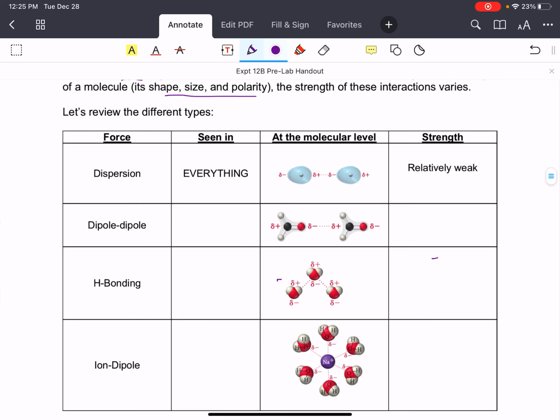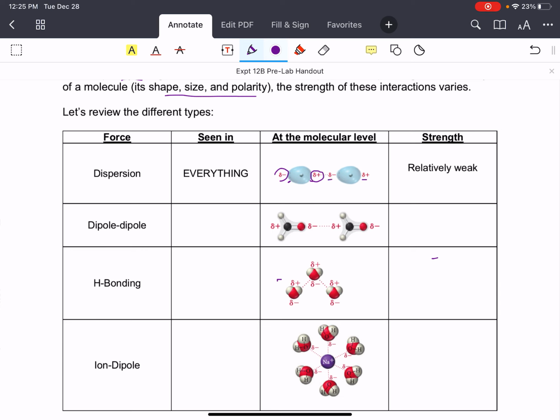Dispersion forces are in everything. If we look at a molecule, at the molecular level, when electrons move around an atom, sometimes they get stuck on one side, and this leads to a very small partial negative charge on a molecule, which makes the other side partially positive.